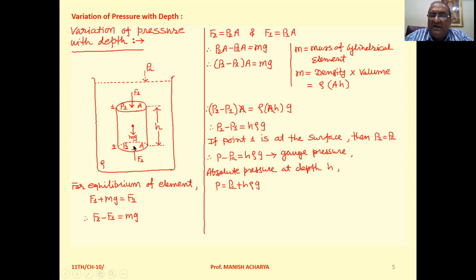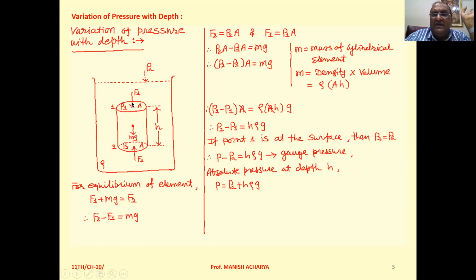Because we considered this cylindrical element, this cylindrical liquid part has its own mass. Suppose that mass is m, then its weight mg is downward. It implies that the element is in equilibrium, the net downward force is F1 plus mg, and the upward force is F2. So these forces are perfectly balanced because the element is in equilibrium. So we can write F1 plus mg equals F2, so F2 minus F1 is mg.